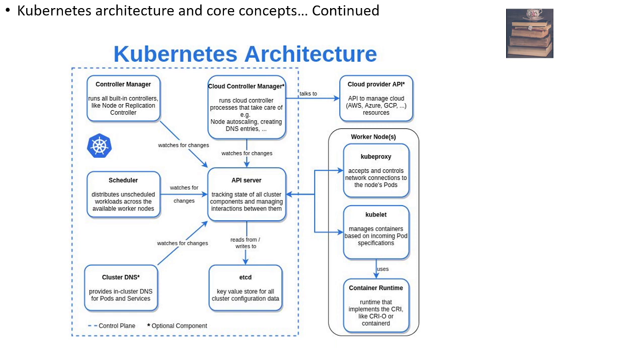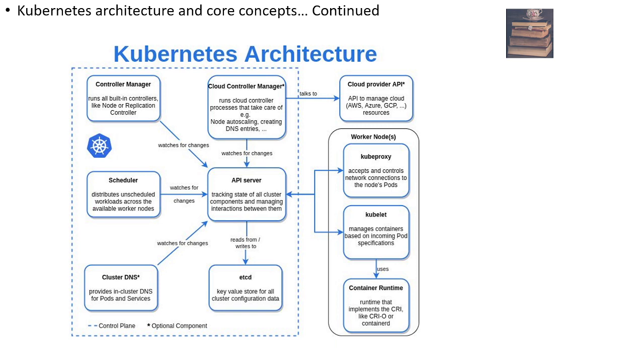Now, apart from that, we have another component which we call the cloud provider API. Now, as you know, there are many cloud providers, like AWS, Azure or GCP. These are the cloud providers. They have their own APIs to manage cloud resources, and we can use those APIs to manage the cloud resources.